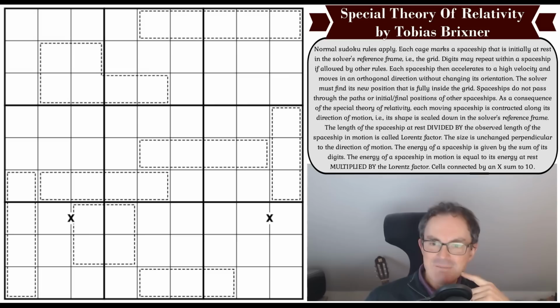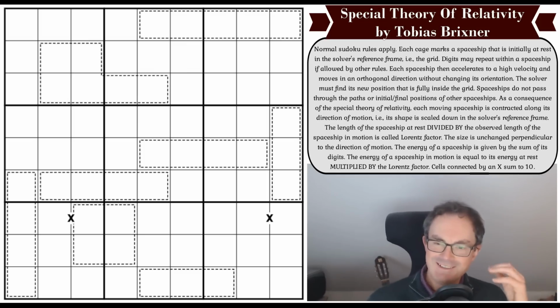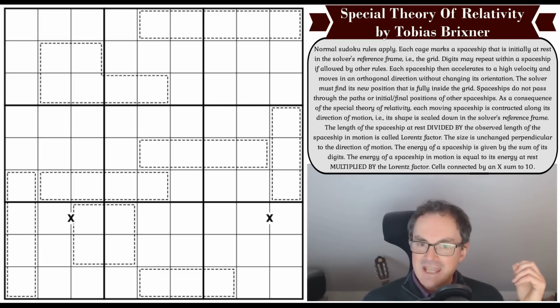The length of the spaceship at rest divided by the observed length of the spaceship in motion is called Lorentz factor. That looks like the name of somebody. The size is unchanged perpendicular to the direction of motion. The energy of a spaceship is given by the sum of its digits.